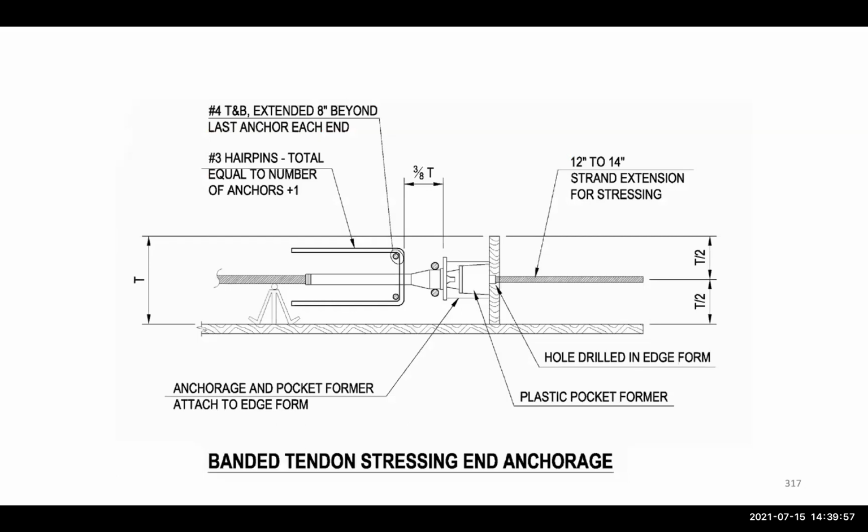Here you can see an example of the number 3 hairpin, with the total equal to the number of anchors plus 1. That's given here, and then we have number 4 top and bottom, the ones that we talked about, shown here as well. And then you can see the anchorage and the other elements on the strands, for extension and for stressing, and other details that we also showed from last time.